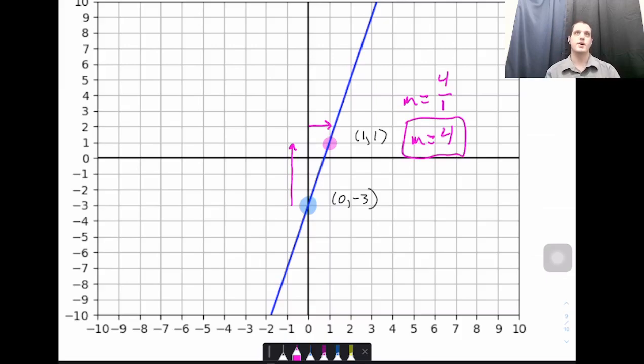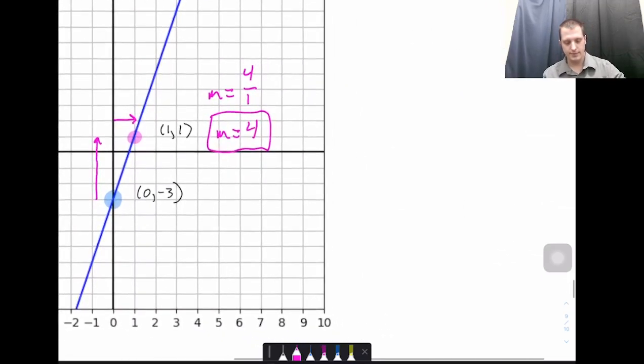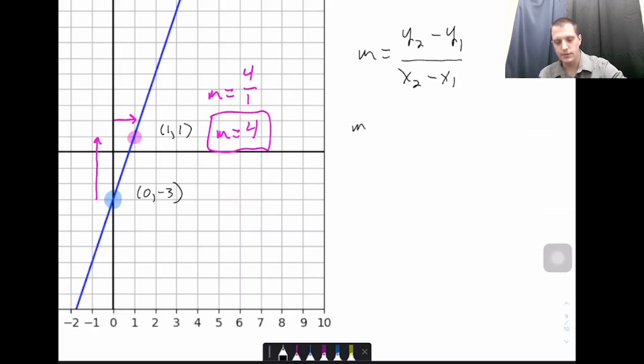But let's prove it with math. Yay, everyone's favorite. Okay, here we go. m is equal to y2 minus y1 over x2 minus x1. Our second dot is the pink one, so we get 1 minus -3, and then 1 minus 0.